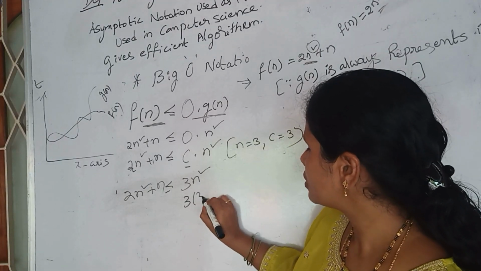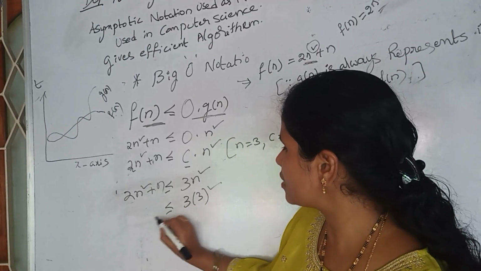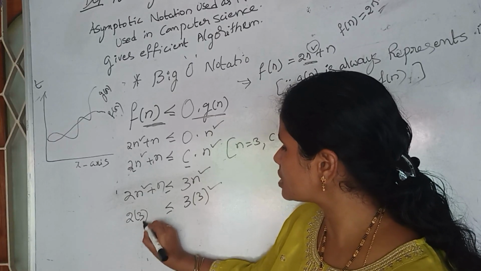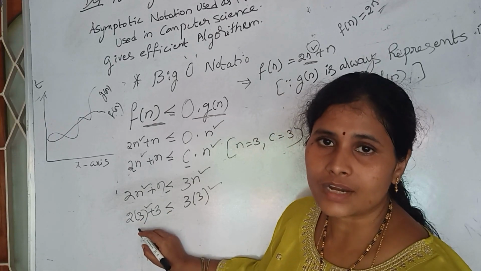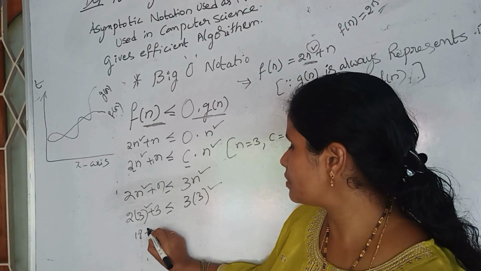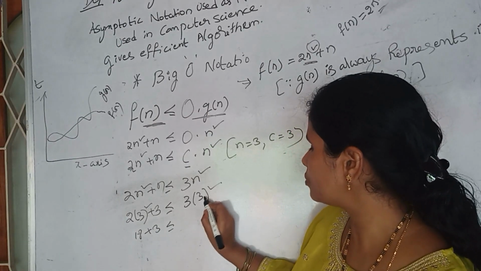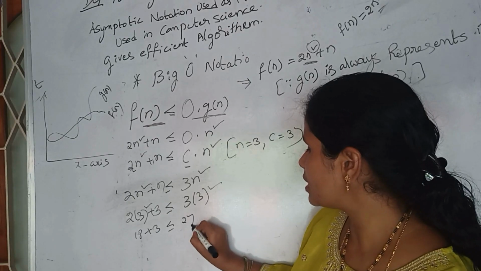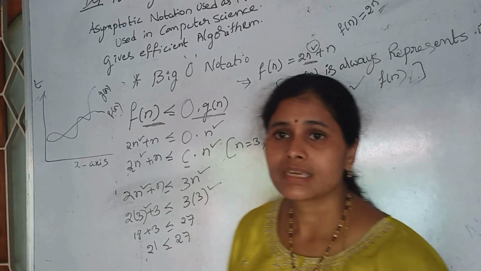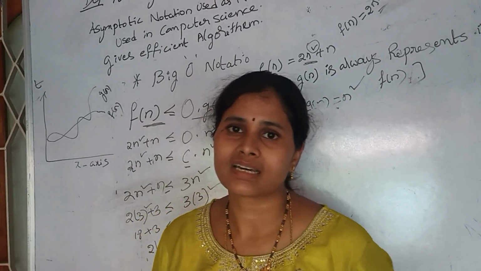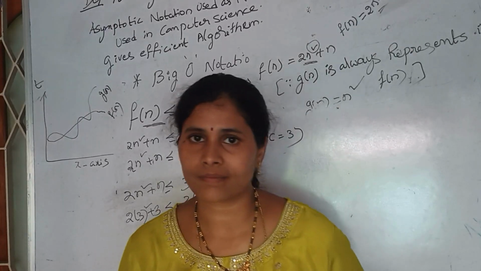So 3 into 3 square less than or equal to 2 into 3 square plus 3. 3 3s are 9, 9 2s are 18. 18 plus 3 is 21, and 9 3s are 27. So 21 is less than or equal to 27. Is this condition true or false? This is a true statement.